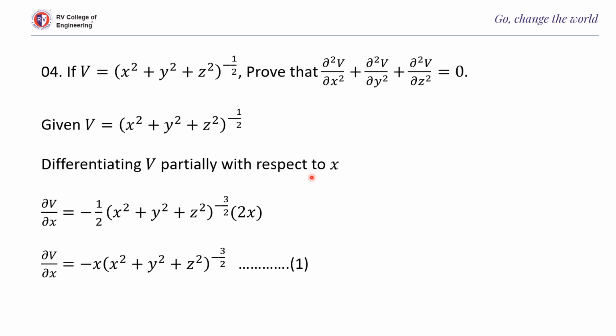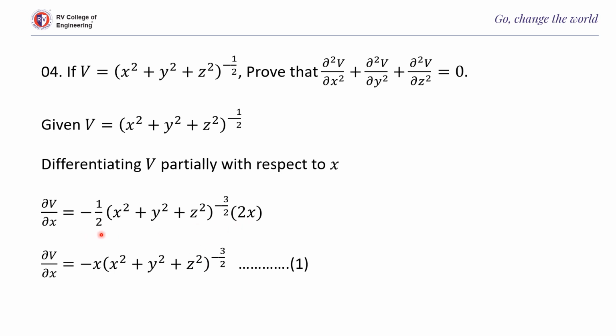Now differentiate v partially with respect to x. It is of the form xⁿ, therefore it is n times x to the power n − 1. Then it will be −1/2 times (x² + y² + z²) raised to the power −1/2 − 1, which will be −3/2. Now the differentiation of the base function, the differentiation of x² will be 2x, and y² and z² give 0.